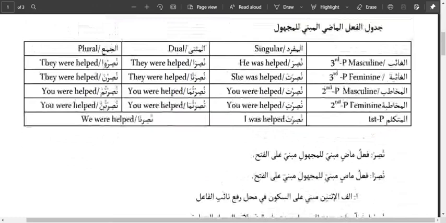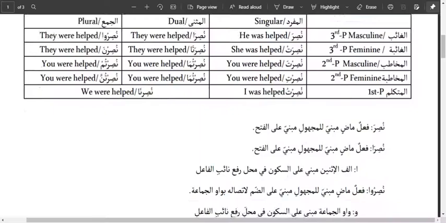So for the madi table, we have the analysis as follows. For nasara, the active verb, when we say the i'rab for nasara, we say fi'l madin mabniyu ala al-fathi. As simple as that. It's the same also for the passive verb, with the only difference of adding the indication that the verb we are doing the analysis is a passive verb.